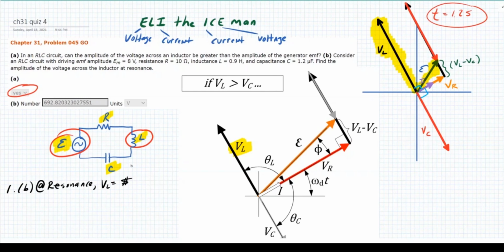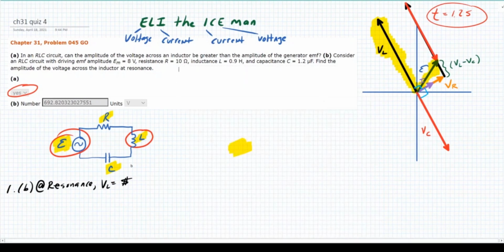So I better clear the deck here. All right, so at resonance, you know what happens? XL equals XC. That's the magic of resonance.